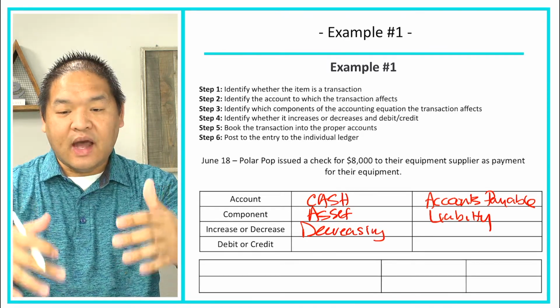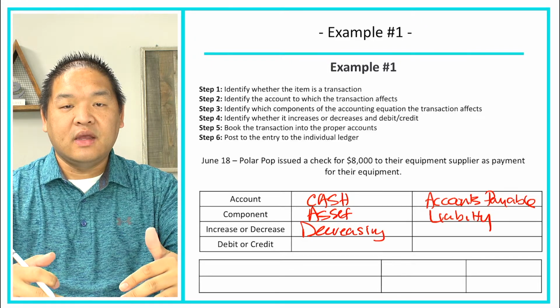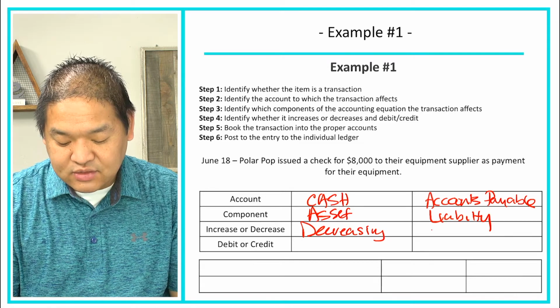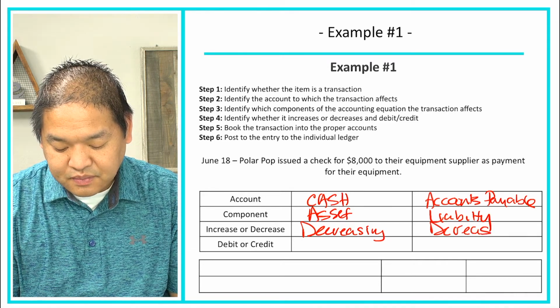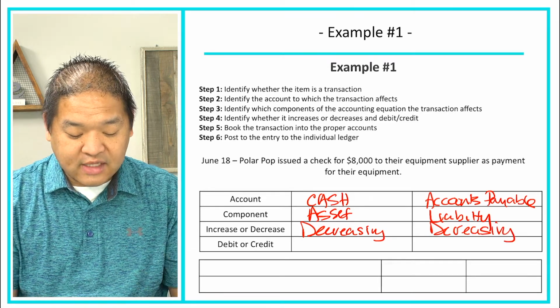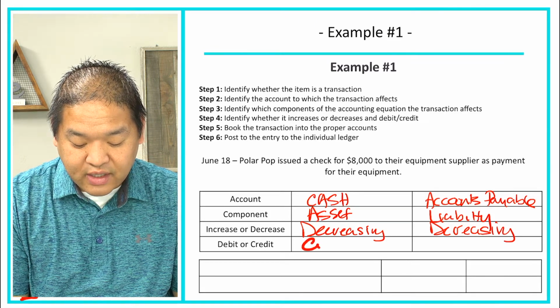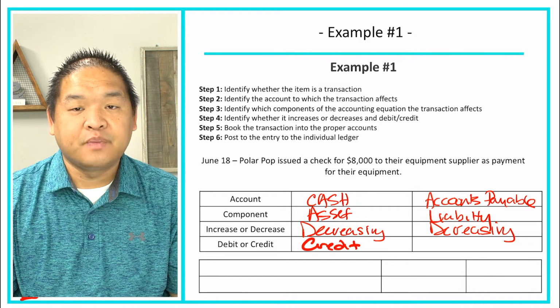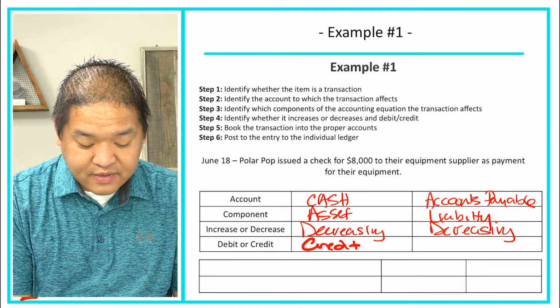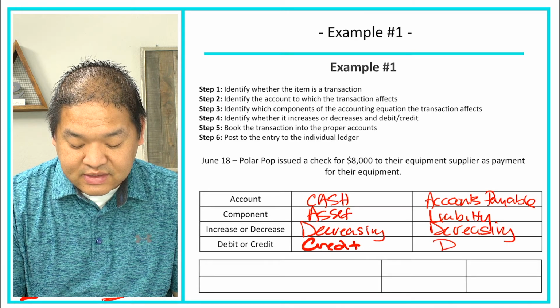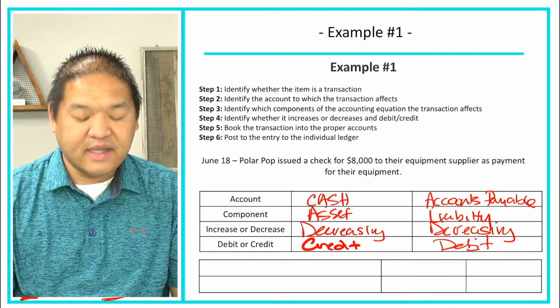Because I'm paying it, I'm decreasing the amount that I'm owing this company or owing anybody for that matter. So I'm decreasing the debt. All right, cash, asset, decreasing. We're going to credit the cash. Accounts payable is a liability. That liability is decreasing. We are going to debit the accounts payable.